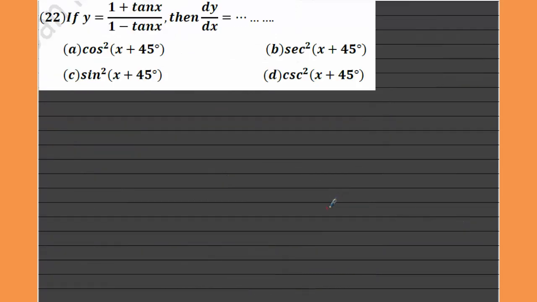Last question. We have y equals 1 plus tan x over 1 minus tan x. Then we need dy dx.